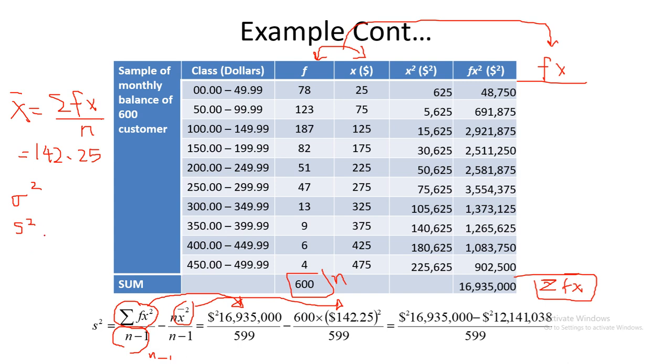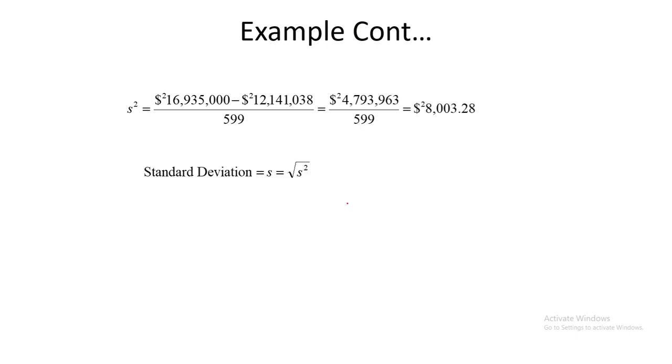Only remember that when you are dealing with population variance, we divide by capital N, but when using sample variance, we divide by n minus 1. So here it is n over n minus 1. So the formulas are a little different for sample and population variances, and we got the answer, which is this one.